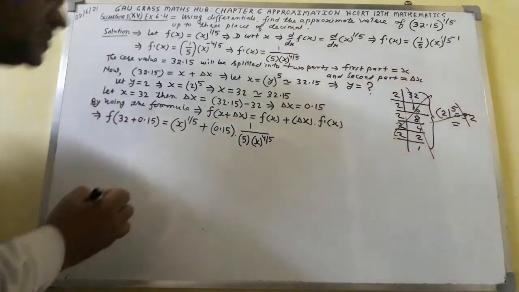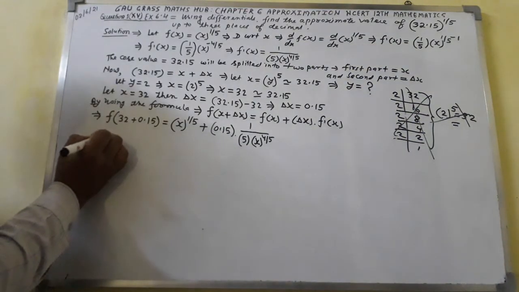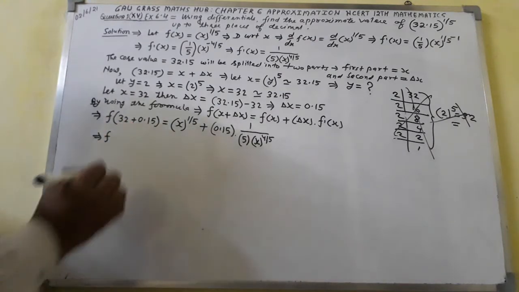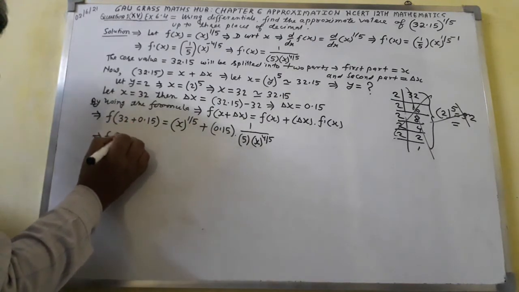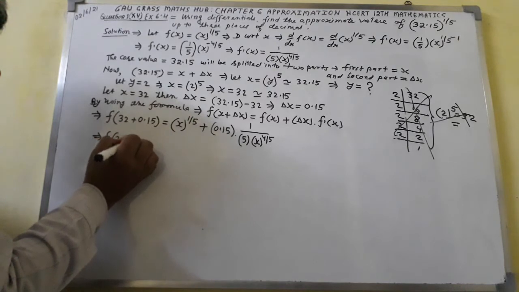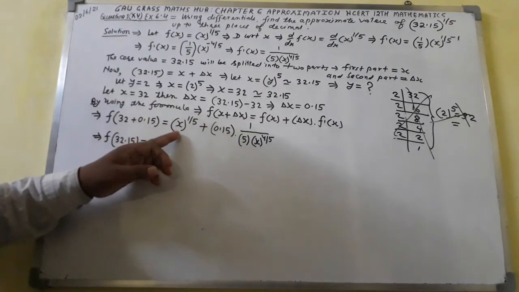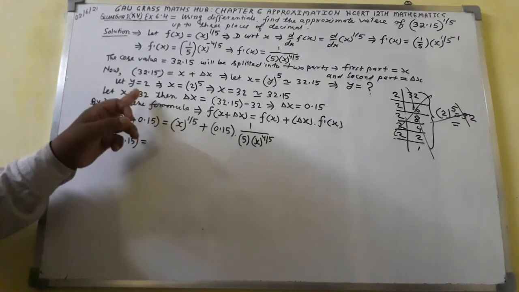Now what to do next? Next I shall write 32 plus 0.15 comes out to be 32.15, equal to x raised to the power 1 over 5. In place of x I shall write 32.